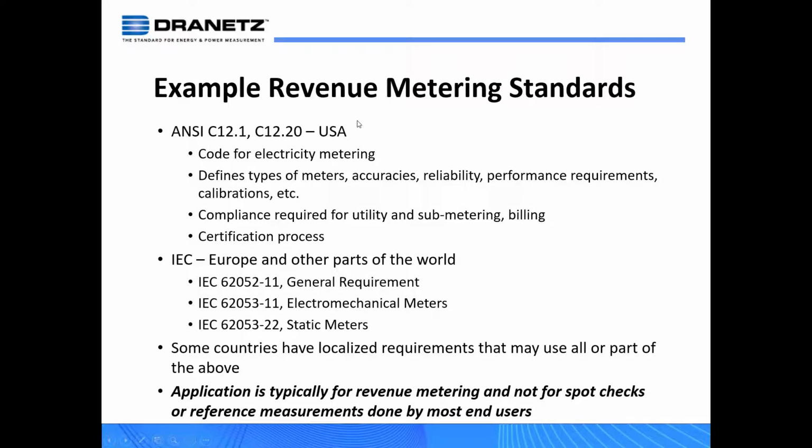These are typically followed in the US, but of course other parts of the world can follow them as well. That's the code for electric metering, and it defines the types of meters, accuracies, reliability, performance calibration, and a whole bunch of things like that. And it's the compliance requirements for utilities and sub-metering, specifically when you're talking about billing.